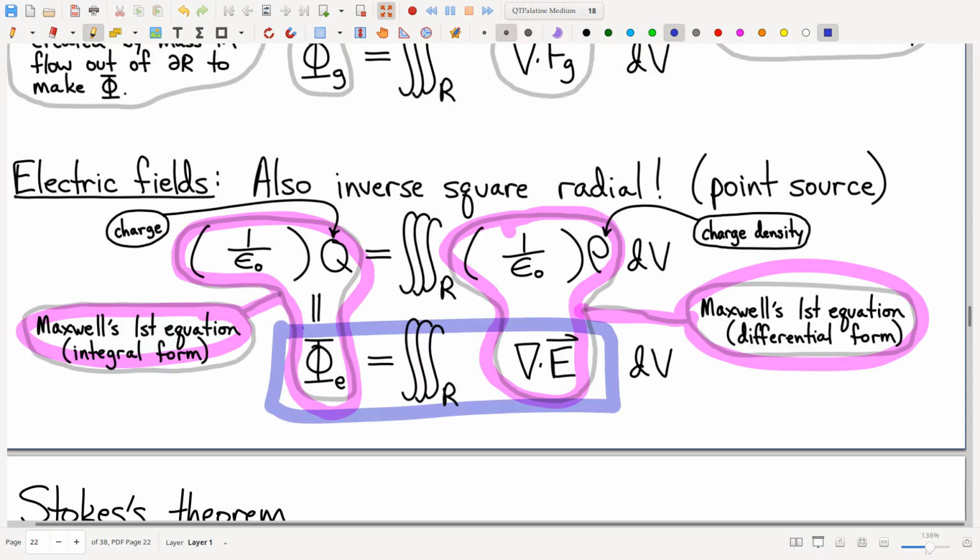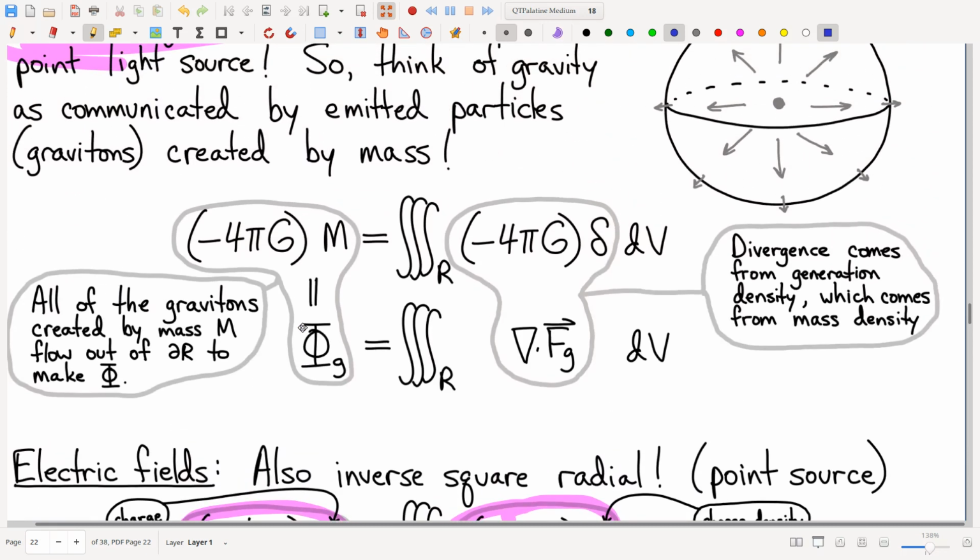Okay, so summarizing. Electric fields. All the engineers in the room are going to have very good intuition for electric fields. And what's the best way to think about electric fields? My personal opinion, the best way to think about them is as being analogous to gravitational fields, because gravitational fields are relatable, right?